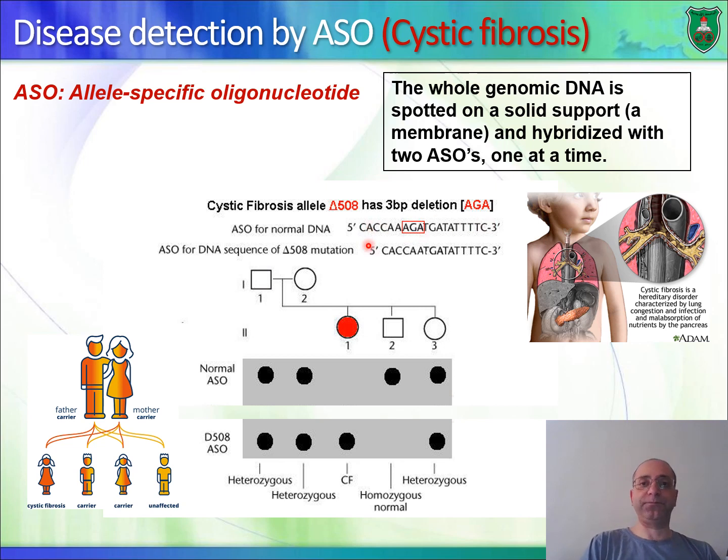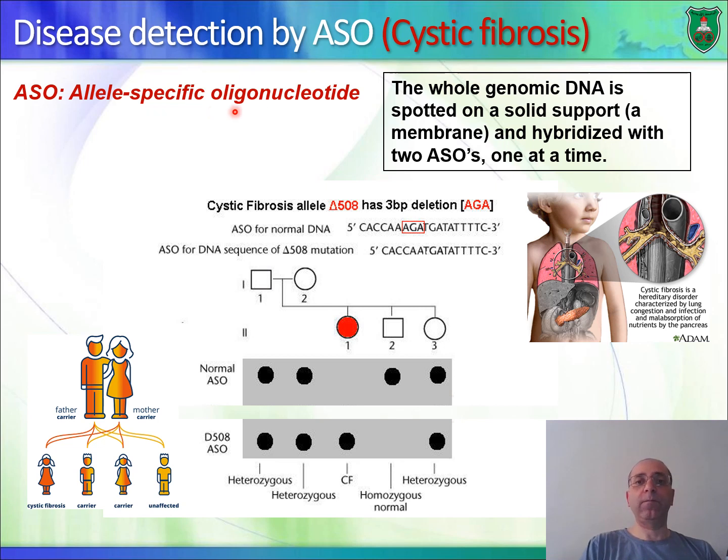There's no need to. Now, individuals with cystic fibrosis have this deletion. So the AGA is missing, and you have everything except the AGA. In order to detect if a person has a deletion or not, we use an allele-specific oligonucleotide.